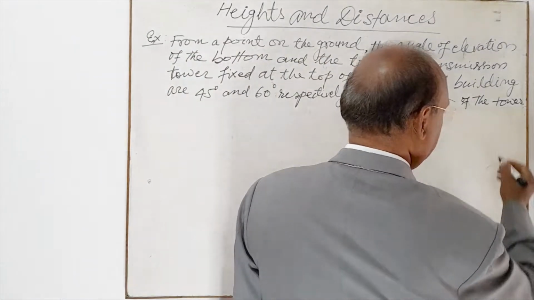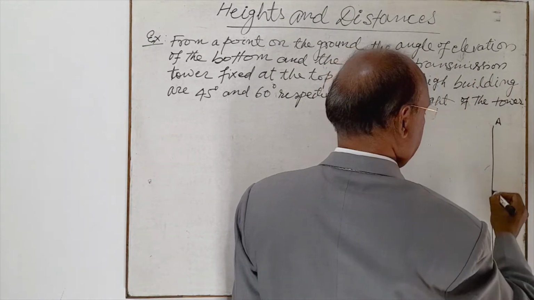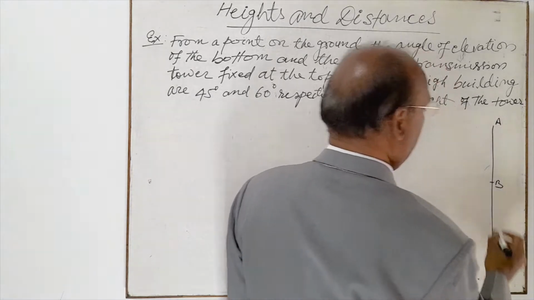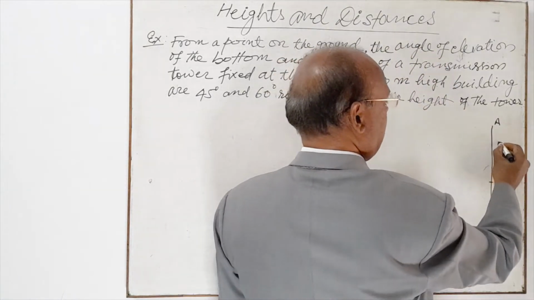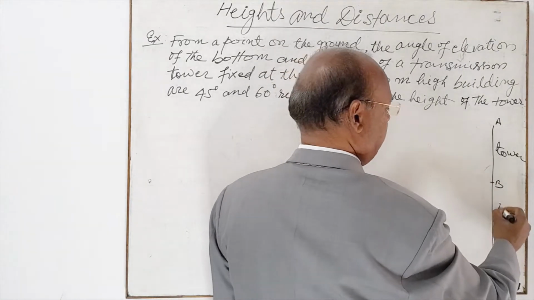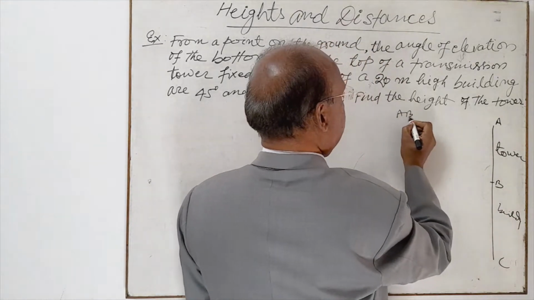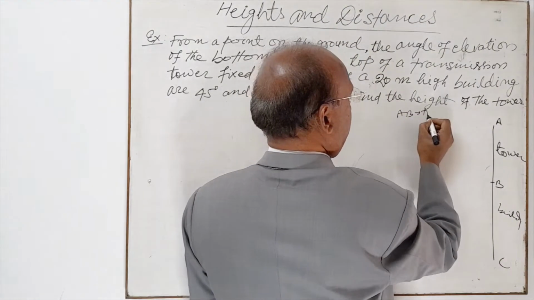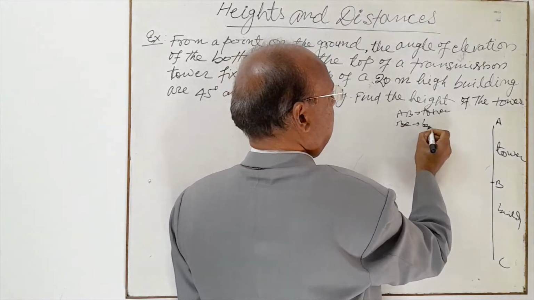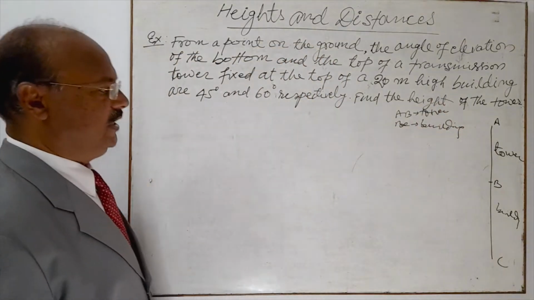Suppose here AB is the transmission tower, and BC is the building, correct?